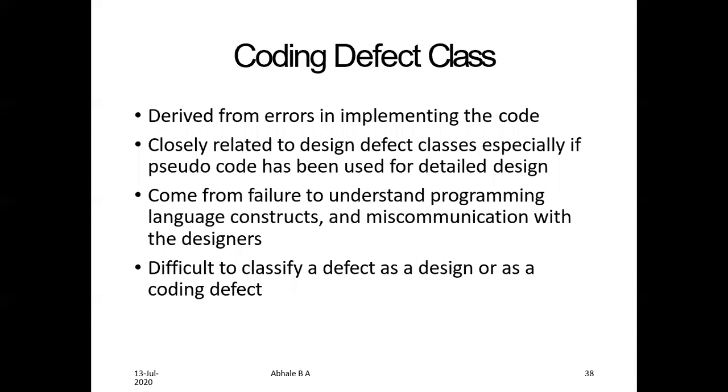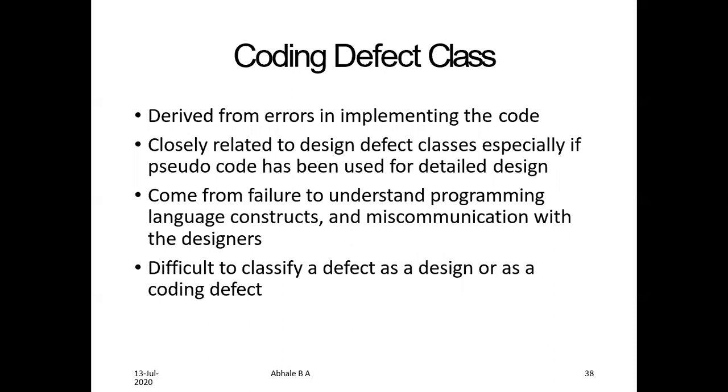Then the next one is your coding defect. So coding defects, now the developer or actually a programmer who is programming that application or the software. So what are the kinds of defects that will occur in a coding defect? They are derived from errors in implementing the code.